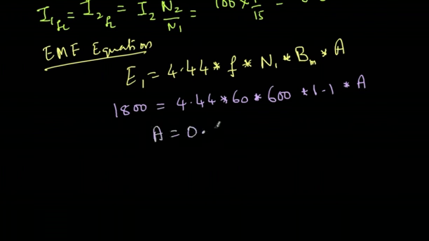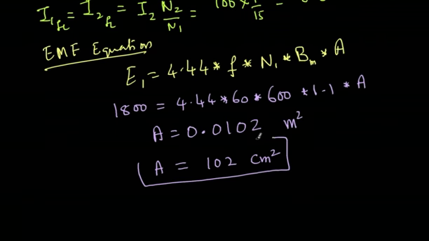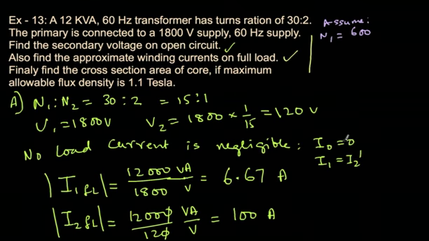Area is 0.0102, the unit will be meters square, and that is nothing but 102 centimeter square. So this is my area. This is what was asked in the question. Of course, just this small assumption that we need to make. So that we have done.